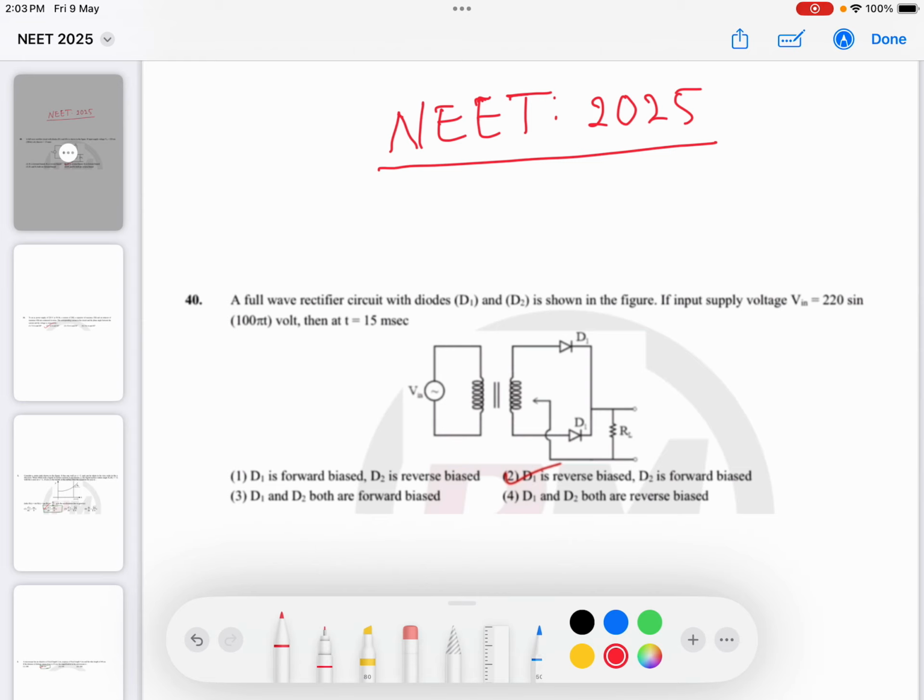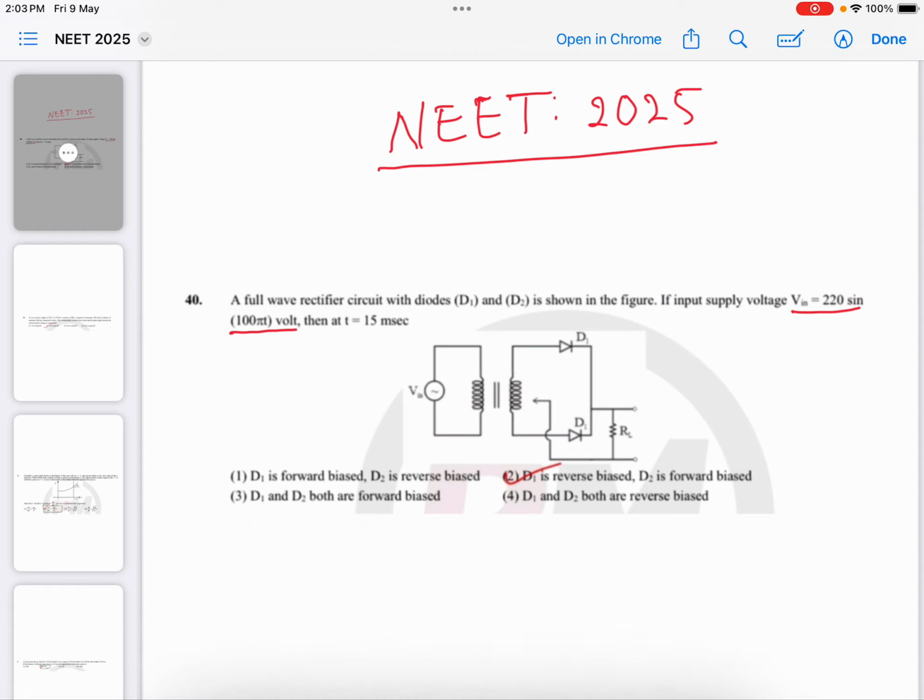In the semiconductor topic, a full wave rectifier is given, with D1 and D2 also given. Here one equation is given: 220 sin 100 pi t volts at t equal to 15 milliseconds.